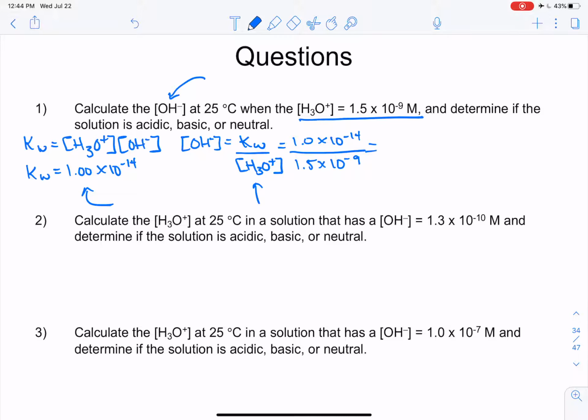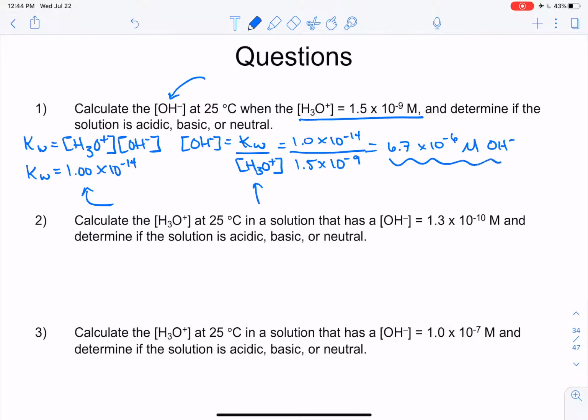Now this is a point where you guys are going to have to get to know your calculators and know how to do the exponent functions, and you're going to see that you're going to get 6.7 times 10 to the negative 6, and that will be molar, and that'll be OH minus.